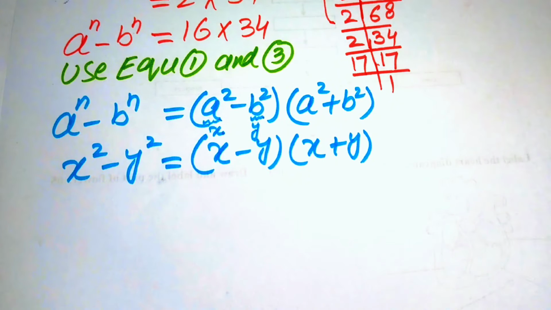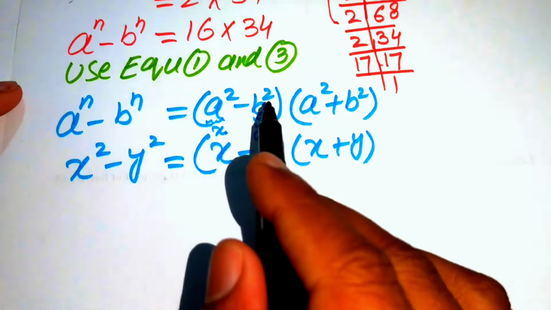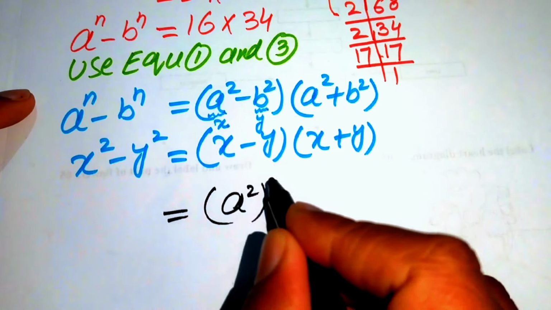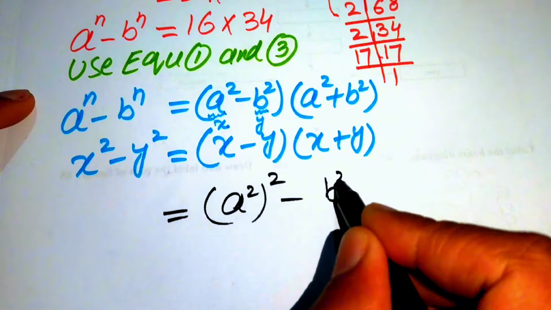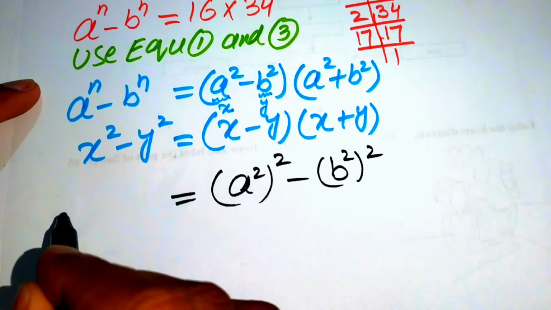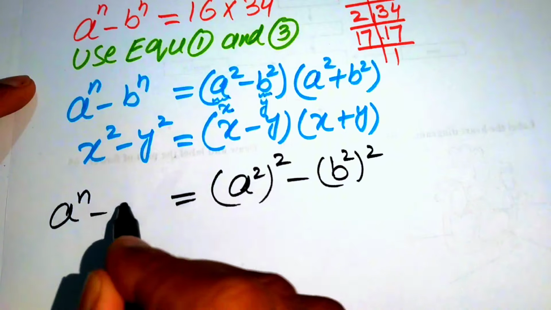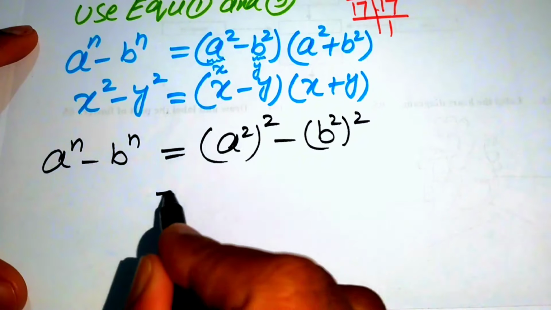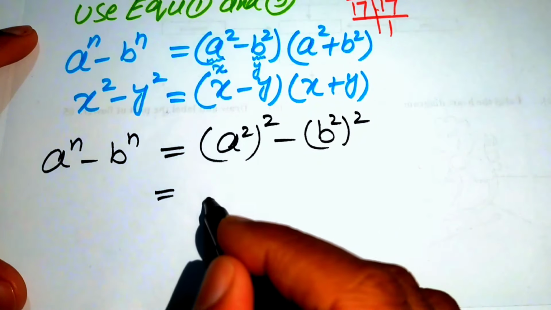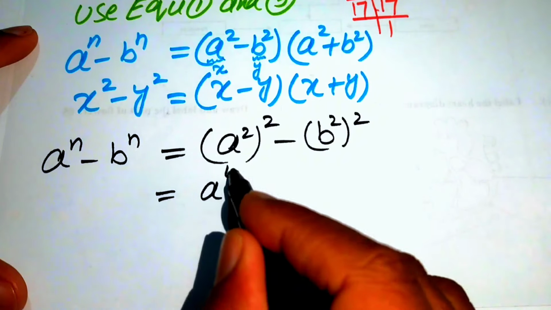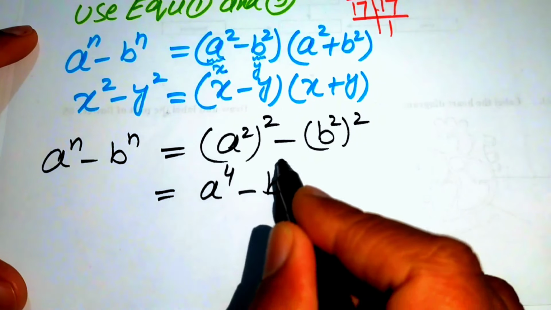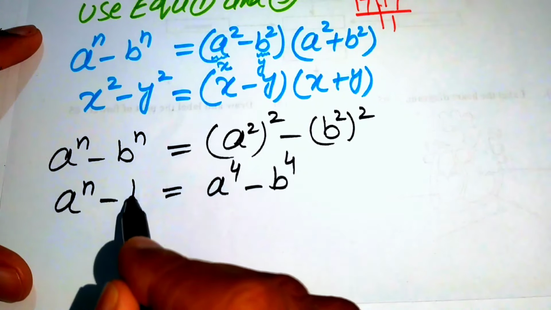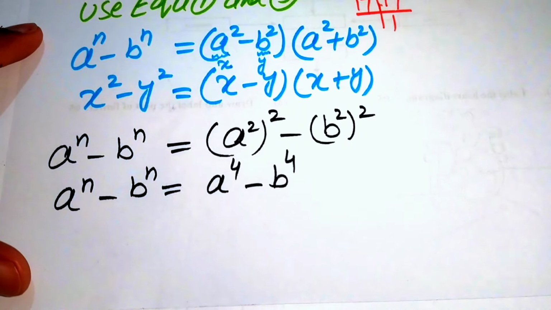When we use the formula on the term, we write it as a square whole square minus b square whole square equals a to the power of n minus b to the power of n. Opening the square of these two terms, we get a to the power of 4 minus b to the power of 4, and on the left hand side we have a to the power of n minus b to the power of n.